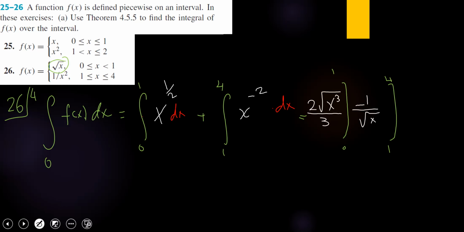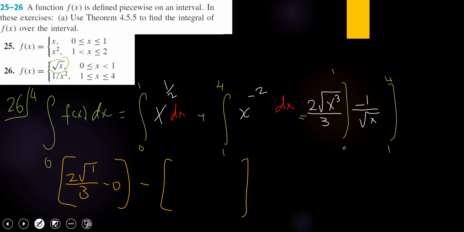Then, let's continue now. Evaluate from 0 to 1. So we have 2 square root of 1 over 3 minus 0 minus -1 over square root of 4 minus -1 over square root of 1.